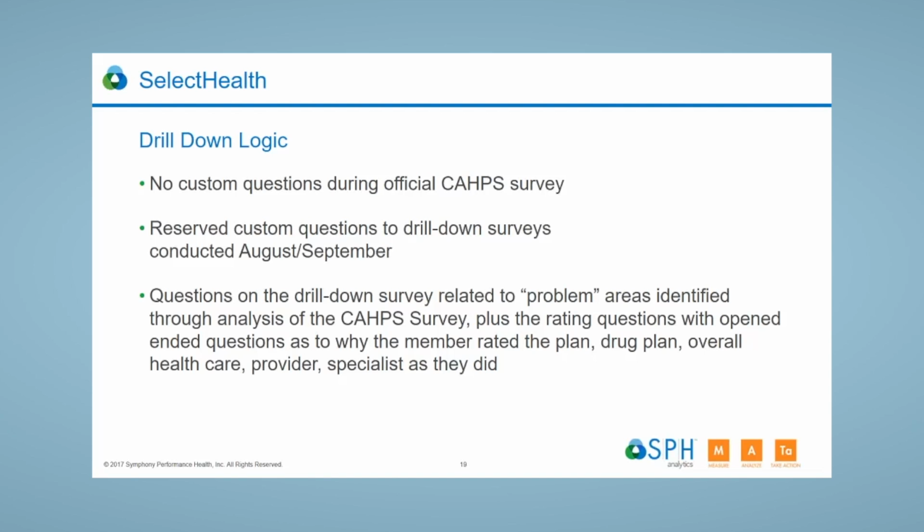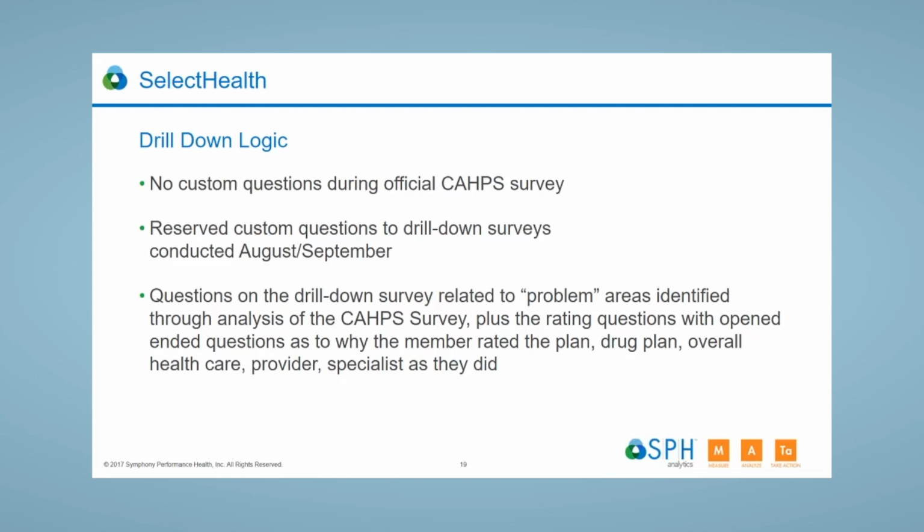You could ask drill down questions on almost every CAHPS survey, and I think we tended to do that at first, but then the survey was really long. So we decided to only ask drill-down questions on problem areas that we identified through the official CAHPS survey, and areas where we wanted to try to improve and where we wanted to get information about specific questions.